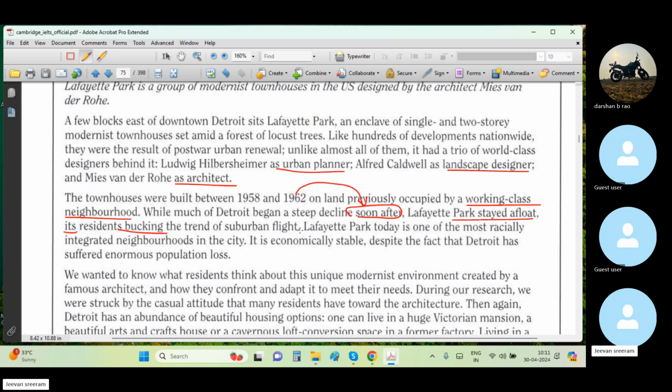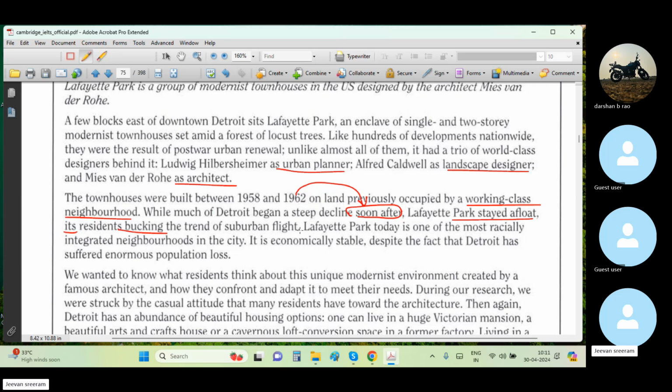There was a trend, people in Detroit were migrating to suburban places, but not from Lafayette Park. So the rest of Detroit was actually declining. The people in Detroit who were not part of Lafayette Park were actually migrating to suburban places.